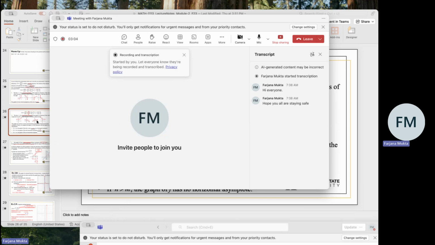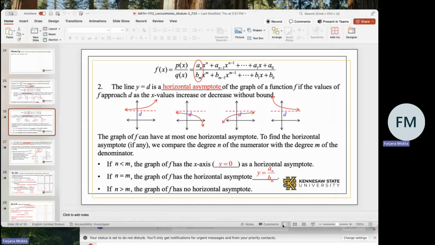So let's start our discussion from vertical and horizontal asymptote and slant asymptote, catching up from the last class.